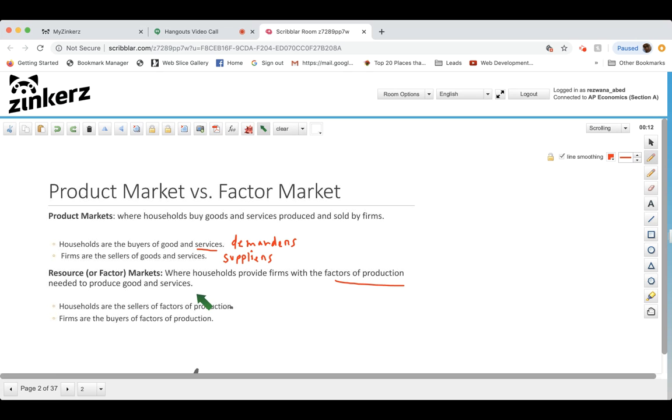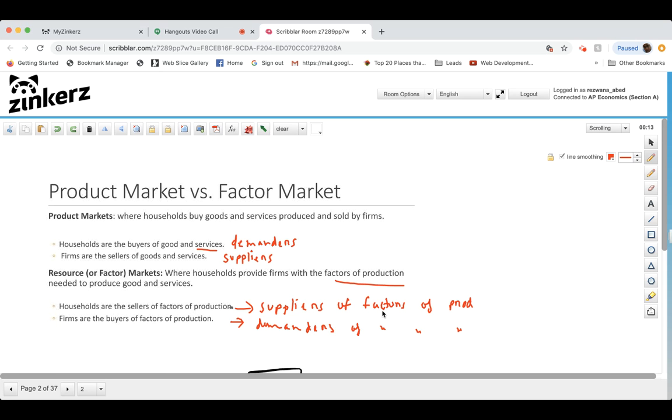They are selling these factors of production to the firms, and then firms use those factors of production to produce goods and services and sell them in the product market. So here firms are the buyers of factors of production. Households would be the suppliers of factors of production, and firms are the demanders.